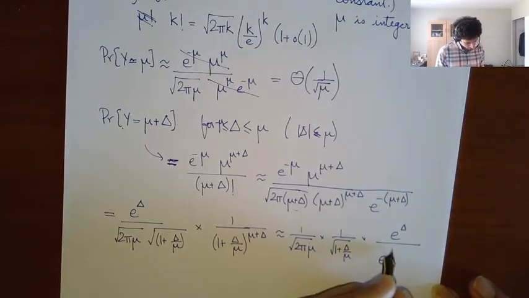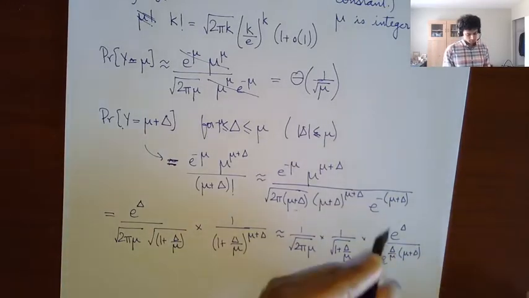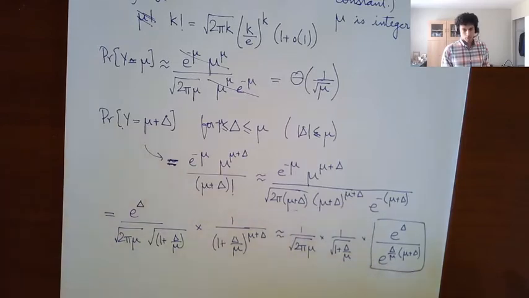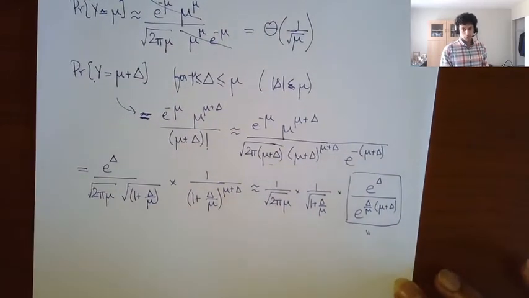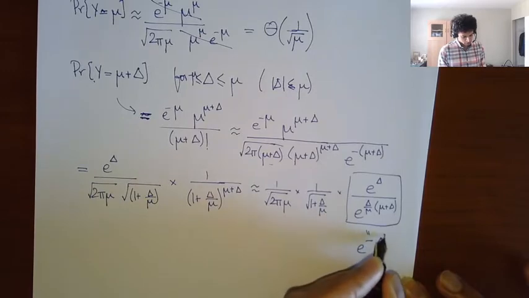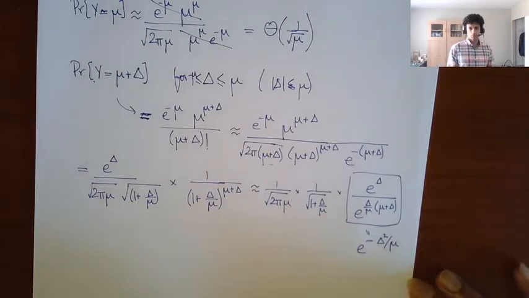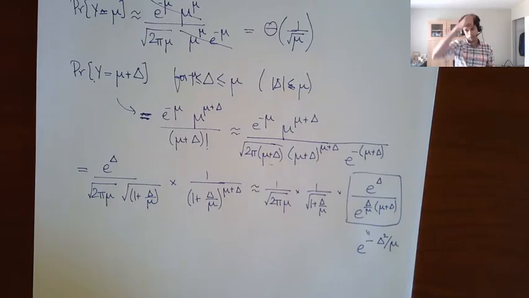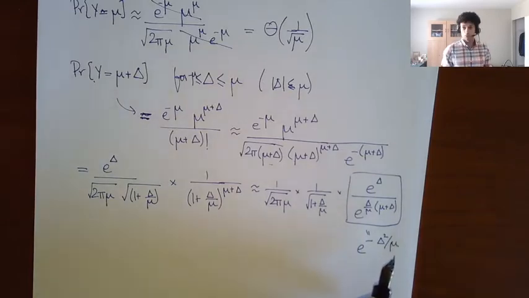So I get e to the delta by mu times mu plus delta. This is going to be exactly equal to e to the minus delta squared divided by mu. This looks a lot like the expression for a Gaussian. Remember, because the variance of a Poisson is also mu.